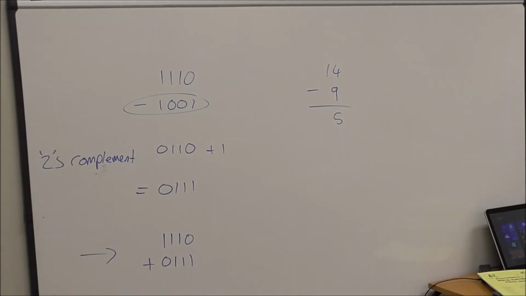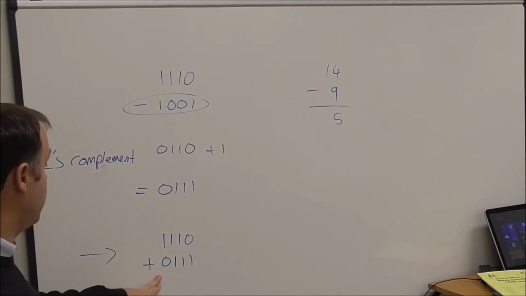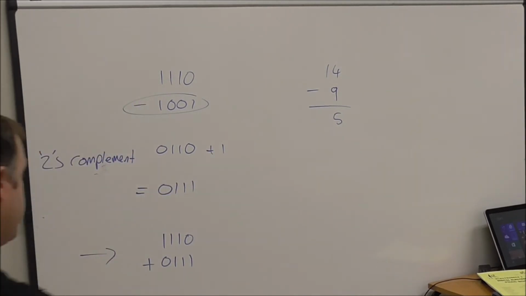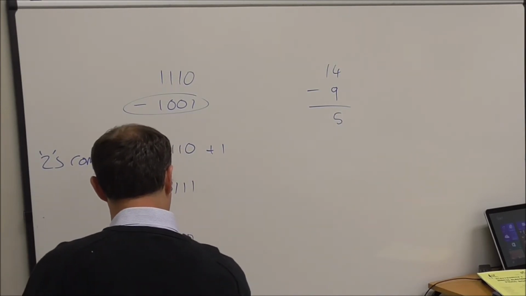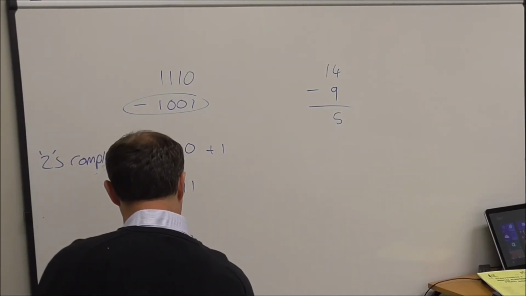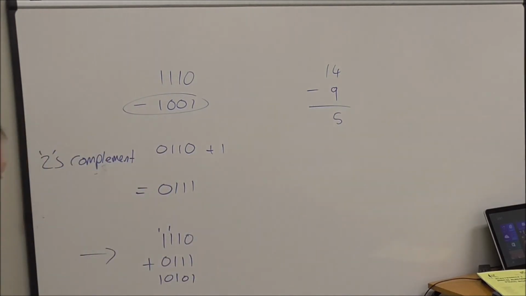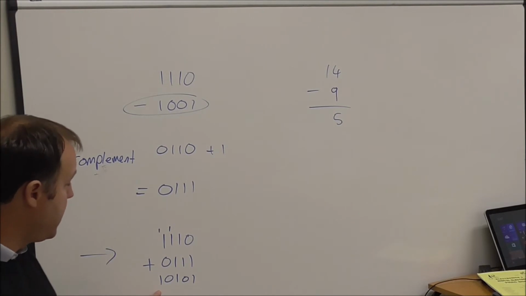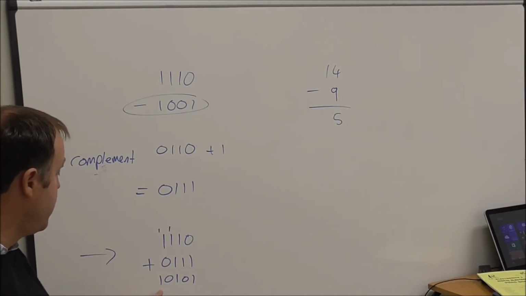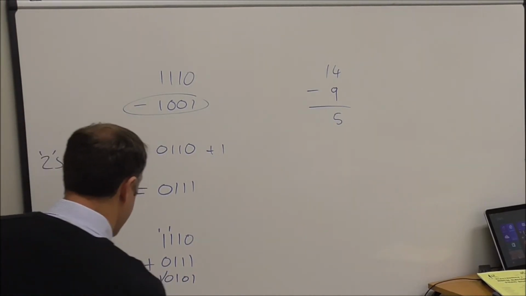And now you add the 2's complement to the initial number. So we get 1, this is 0, 1, and 0. Right? And importantly here, you have to discard the preceding 1 here. So this one goes away.